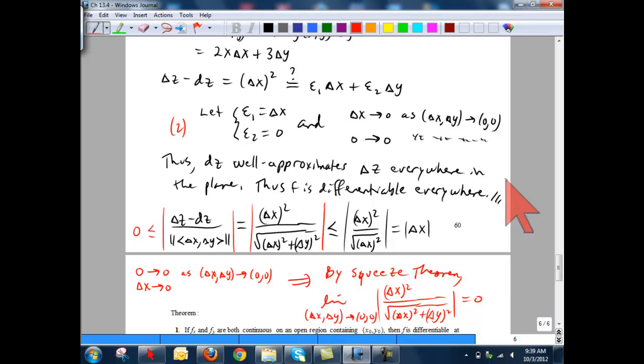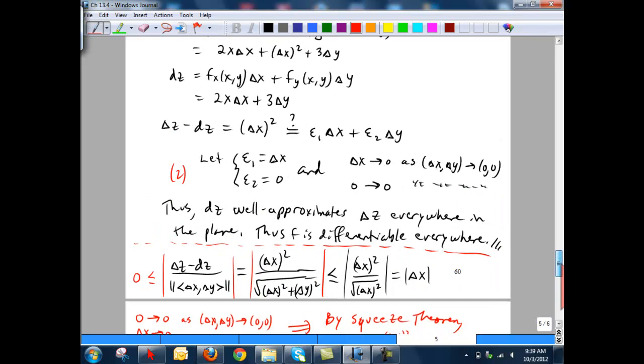And again, we have shown that dz and delta z are sufficiently close together and f is everywhere differentiable. So there was a repetition right here, and in any given situation you can choose to do the problem this way with the epsilons or this way with this limit.